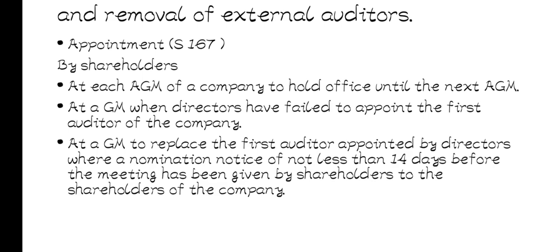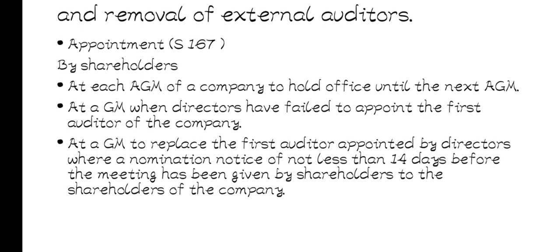So like every year they are supposed to appoint an auditor. It can be the same one and they just reappoint that same auditor, or they change and appoint another one.